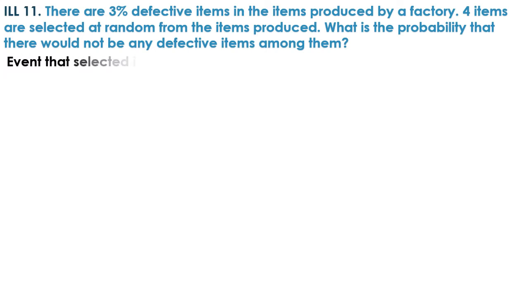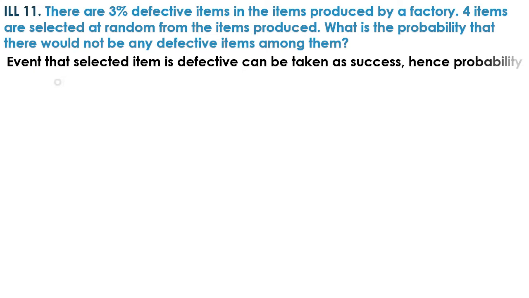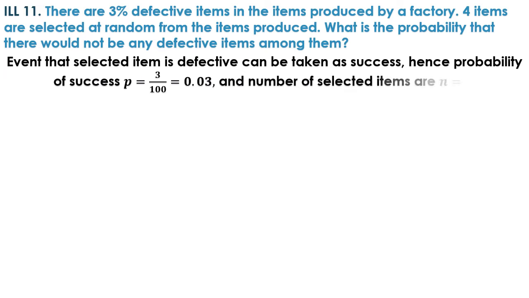Now, the event that the selected item is defective, I will call success here. So the probability of success, that is 3% defective items, is 3 upon 100, that is 0.03. And we are selecting 4 items, so n will be 4.